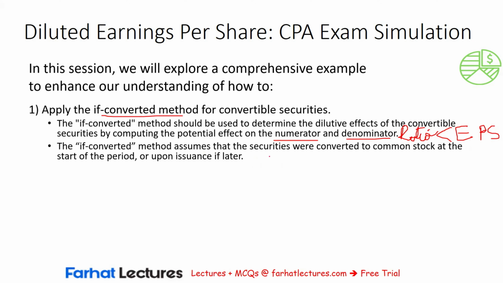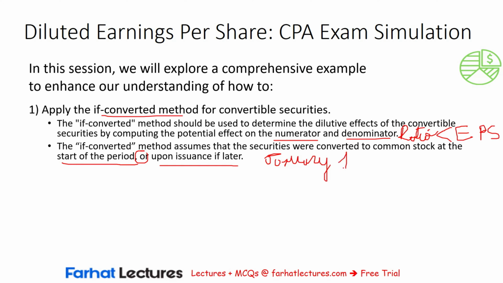Second assumption is that the securities were converted to common stock at the start of the period or upon issuance if later. So if the convertible securities were issued in the prior years or at the beginning of the year, we're going to assume that they have been converted on January 1st.